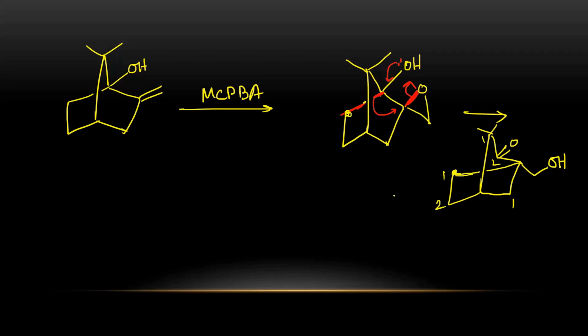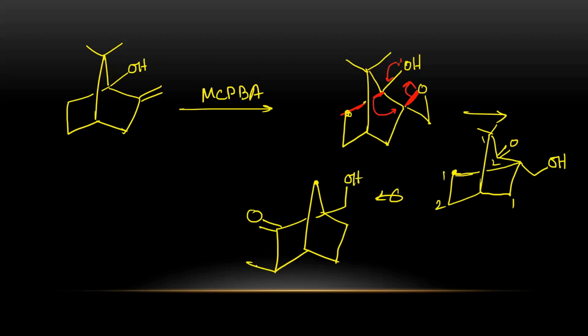It was also a 2 to 1 bridge. Now if you write it this way, this is a 2 to 1 bridge frame. In this one system, there will be no group, and here at this 1 and 2, there will be nothing. But here, in one bridge there will be CH2OH, and the adjacent position will be C double bond O, and the next one will be 2 methyl group. Got it?